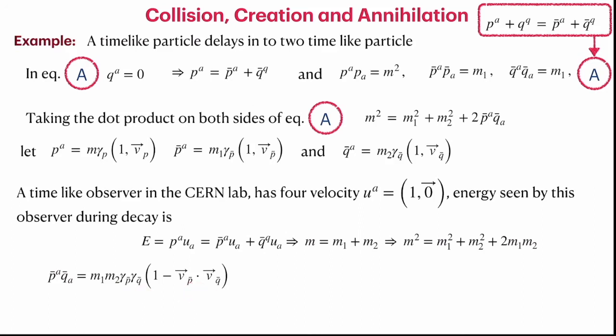So this becomes equal to 2 m1 m2, and that m cancels out and we get the constraint that gamma P bar into gamma Q bar (1 minus Vp bar dot Vq bar) is equal to 1, and from this we can get the angle at which these two particles are ejected, and we can also get the gamma factor, which gives the velocity of the particle with respect to the rest frame.